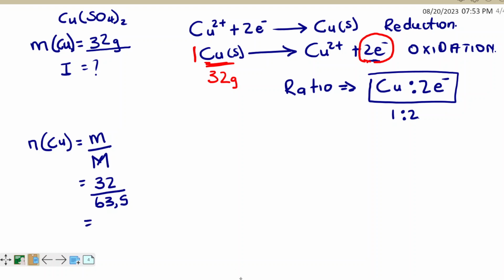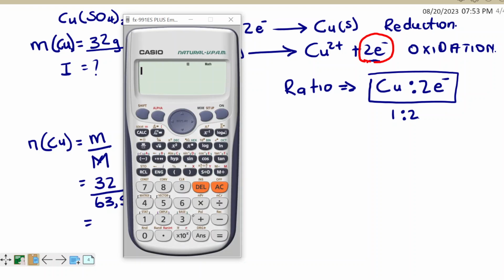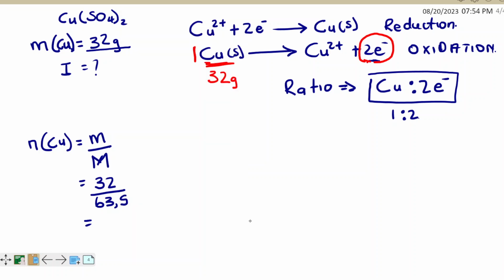So let's quickly get this. 32 divided by 63,5. So we get the number of moles to be 0,504 moles. These are the moles of the copper.